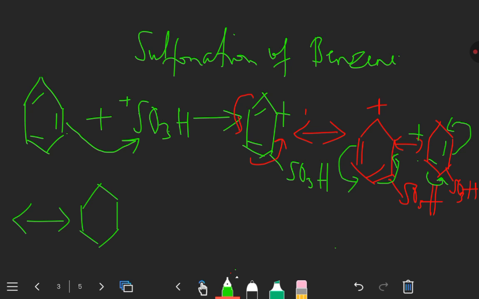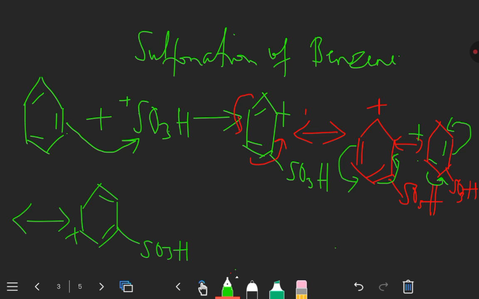You can have the carbocation here. You can have the carbocation here. Then we have our SO₃H. Then the double bond has shifted to this point and to that point.